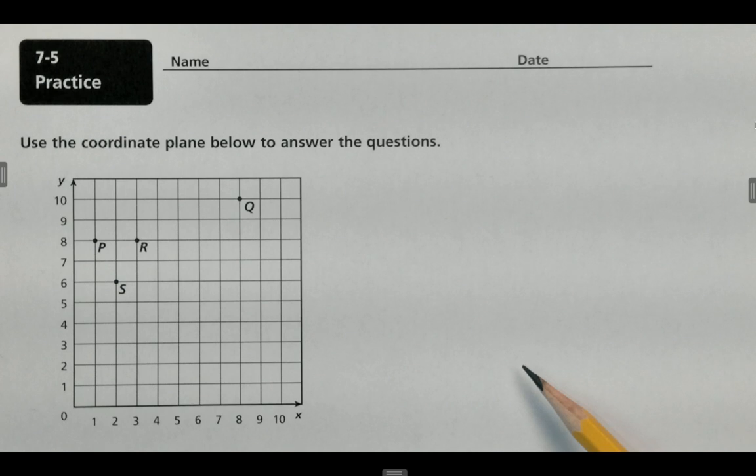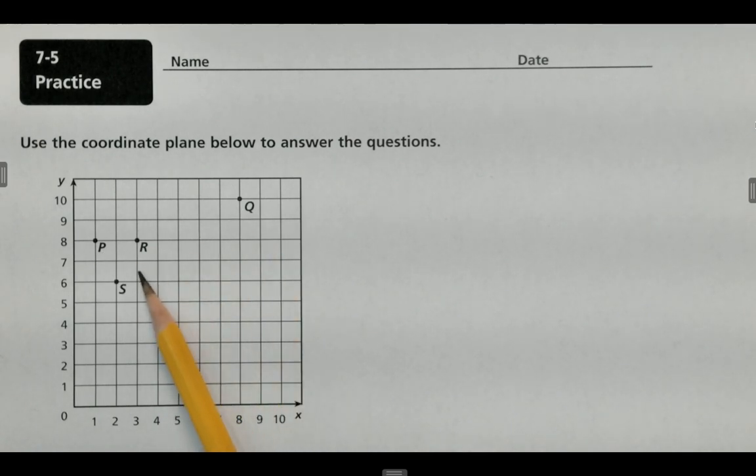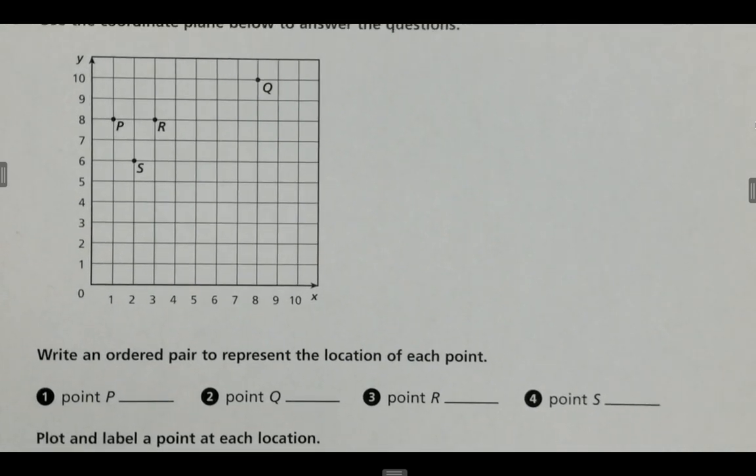On this coordinate plane, we have 4 points: P, Q, R, and S. Our first set of directions ask us to write an ordered pair to represent the location of each point.